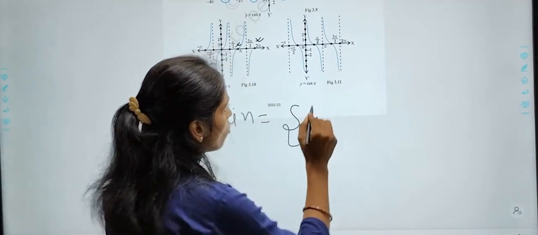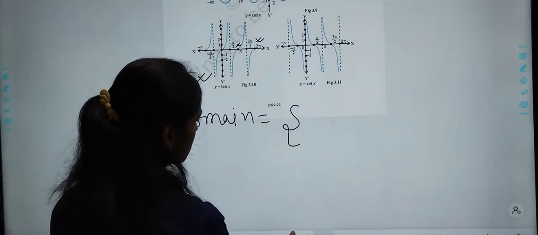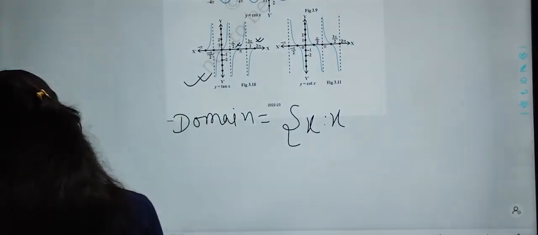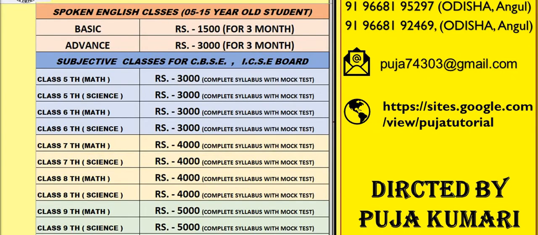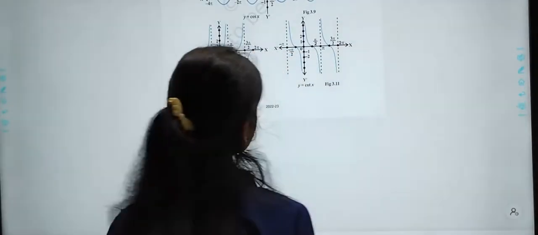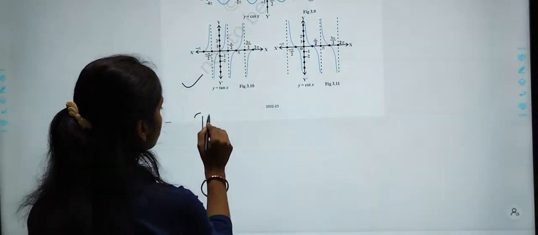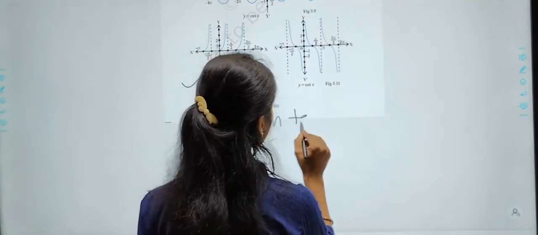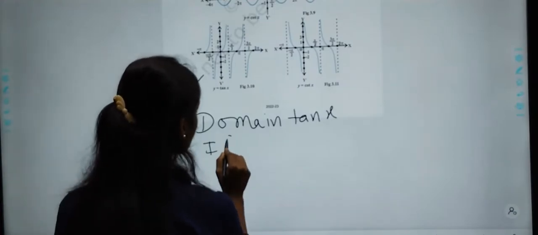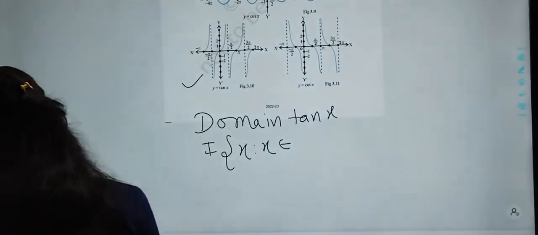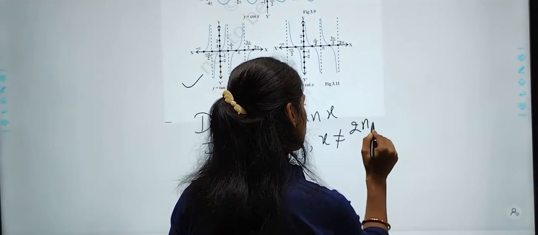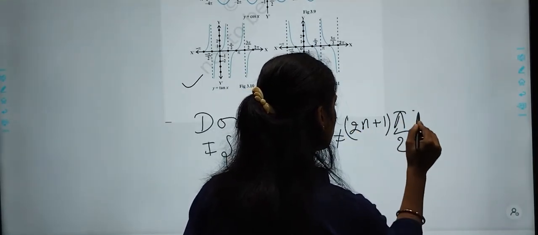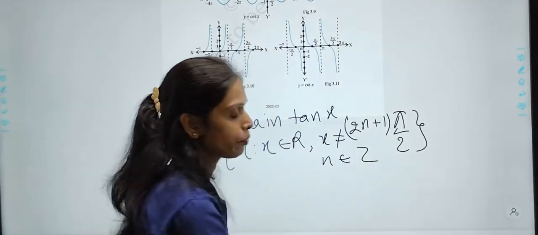You will say that the domain of tan theta, tan x you can say, will be the collection of all those x such that x belongs to real, whereas x is not equal to 2n plus 1 pi by 2, where all n belong to integer. Then this is our domain.